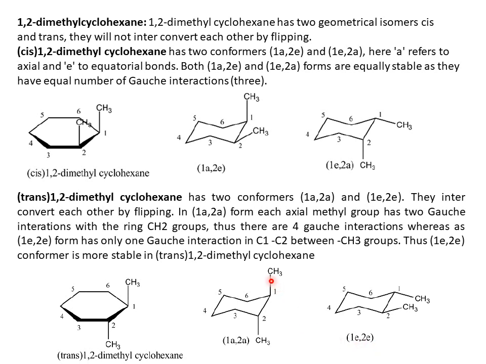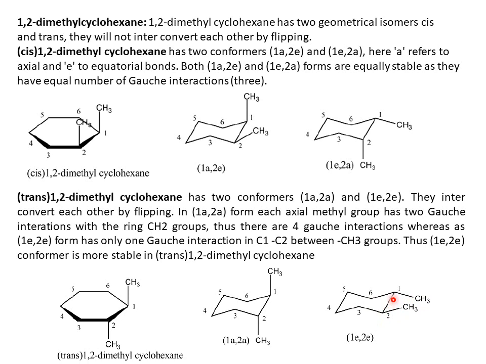When you go for gauche interactions, this axial CH3 group has two gauche interactions with the ring CH2 group, that we have seen. Similarly, this axial methyl group also has two gauche interactions. Thus there are four gauche interactions in the AA form, whereas in the EE form there is no such gauche interaction between the equatorial methyl group and the ring CH2 group.